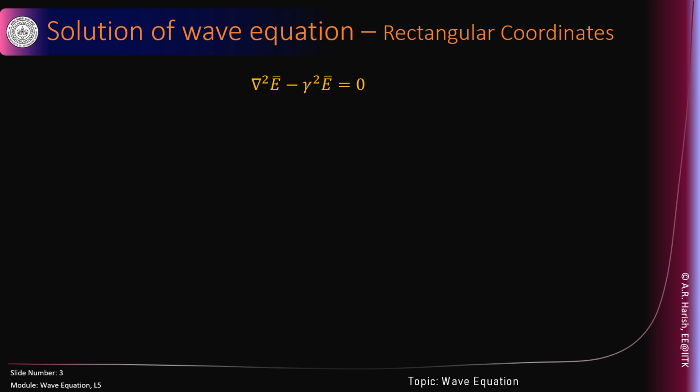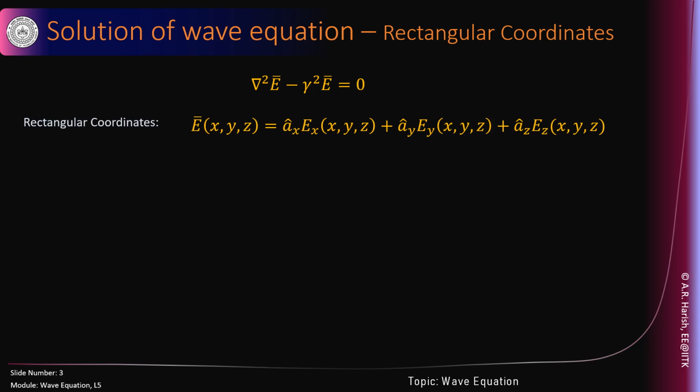Now let us take this wave equation and try to expand this in rectangular coordinate system. Now in rectangular coordinate system, the electric field is a function of x, y, z, has three components, one x directed Ex, y directed Ey, and z directed Ez. These are all complex phasors.